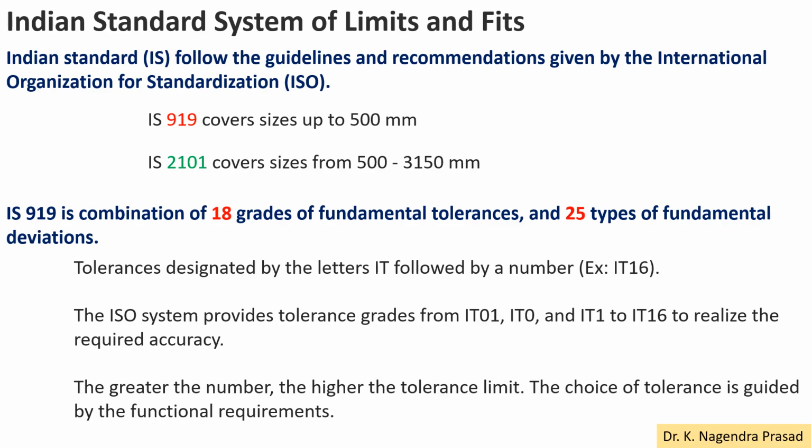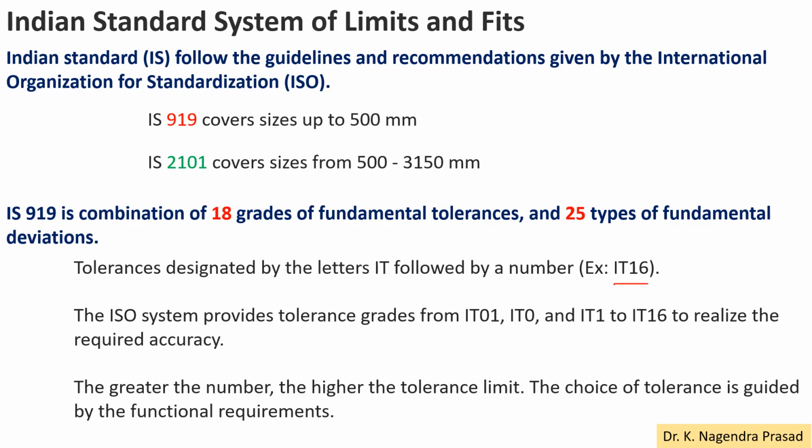And IS 919 is a combination of 18 grades of fundamental tolerances and 25 types of fundamental deviations. The tolerances are designated by the capital letters IT followed by a number. For example, IT16.